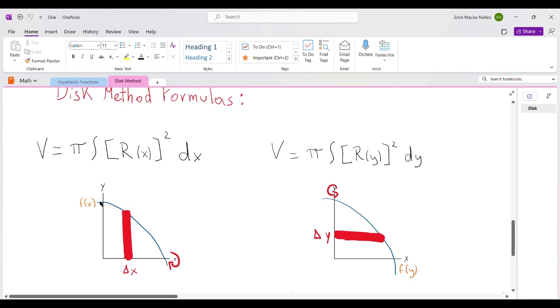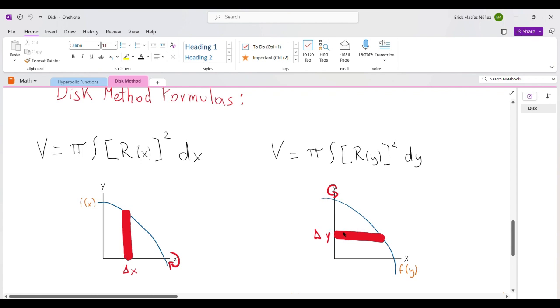For this one, we are focusing on the x-axis, and you can see that it is revolving around the x-axis, and this particular rectangular shape will be represented as a disk, and that is the dimensions that we want to look for.